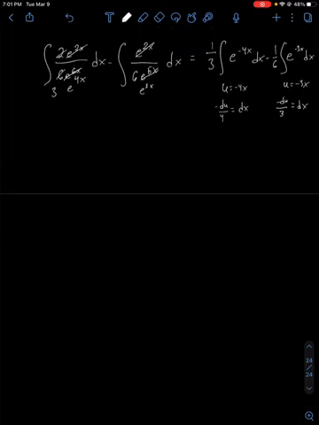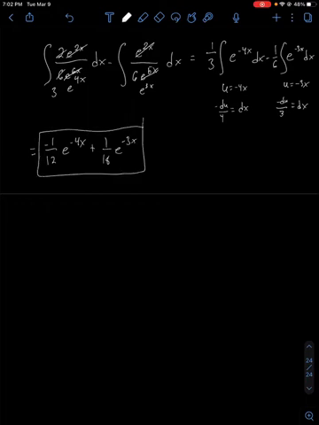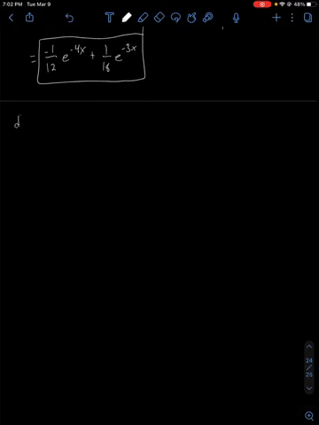So 1/3 times negative 1/4 is negative 1/12 e to the minus 4x, and then we have minus 1/6 times negative 1/3, which is positive 1 over 18 e to the minus 3x, and that is u2.